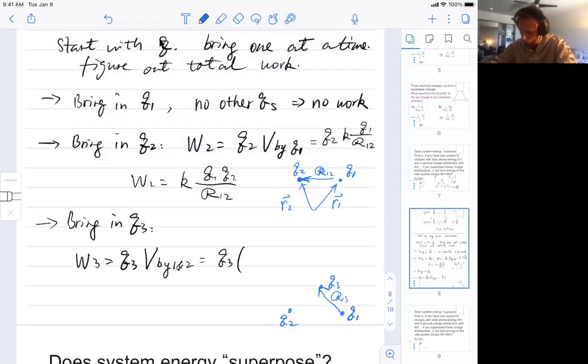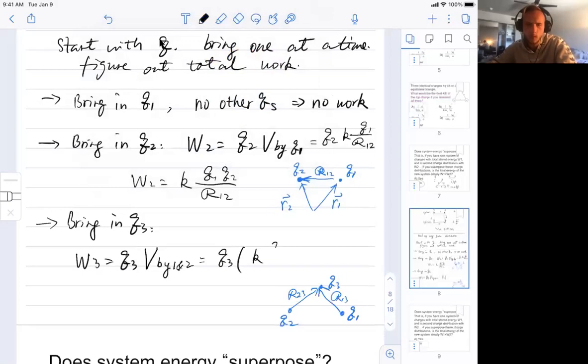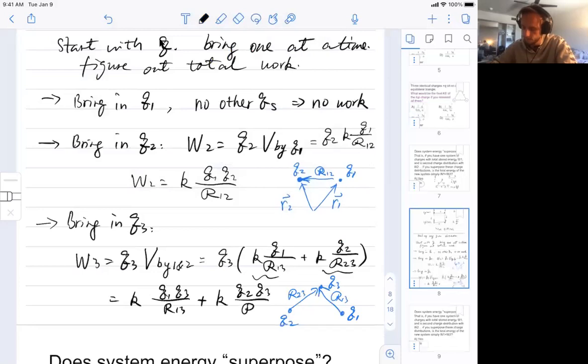And Q2 is going to have a distance R23. So this notation is going to be K Q1 over R13, K Q2 over R23. Okay, so potential superposed, right? You simply add them up. And the work you need to do is going to be K Q1 Q3 over R13 plus K Q2 Q3 over R23.